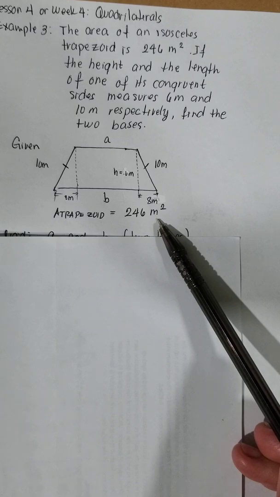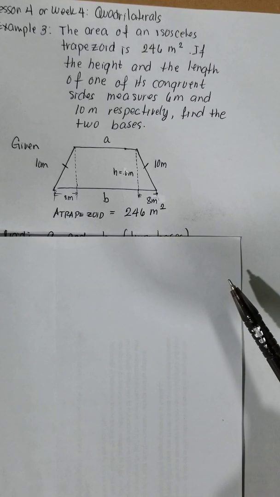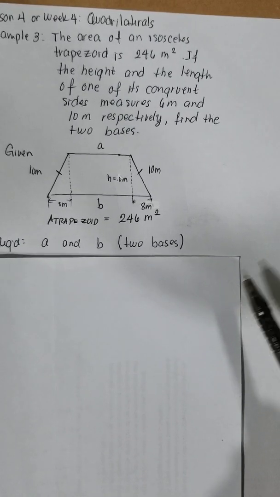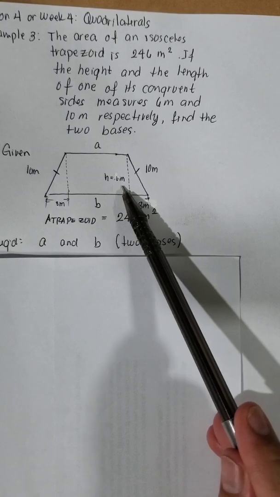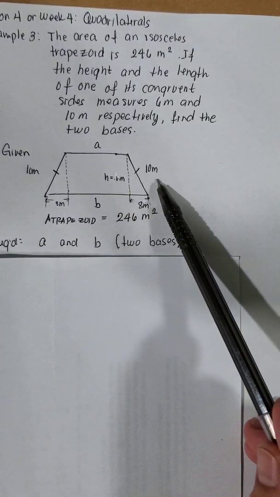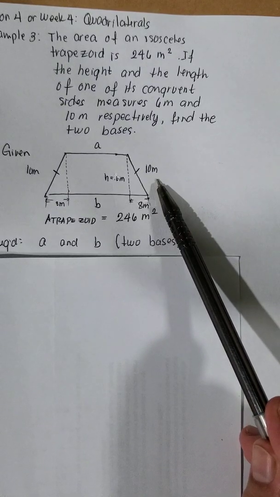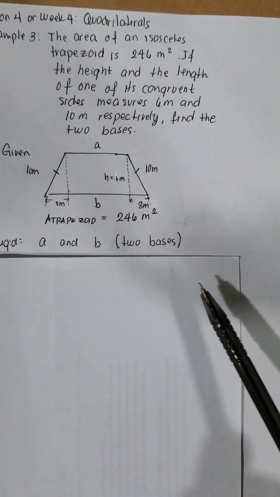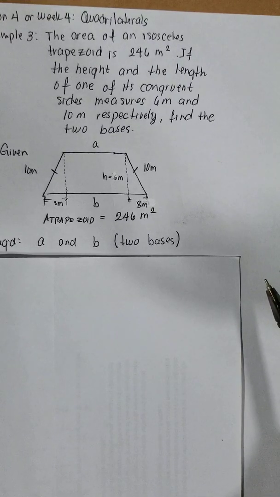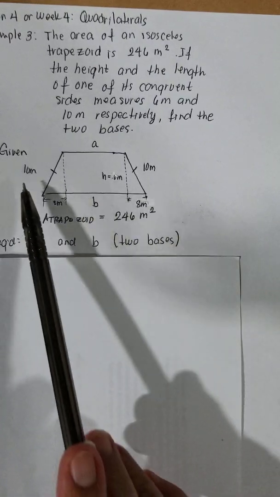The height and the length of one of its congruent sides measure 6 meters for the height and 10 meters for the length. Since it is an isosceles trapezoid, the other congruent side is also 10 meters.